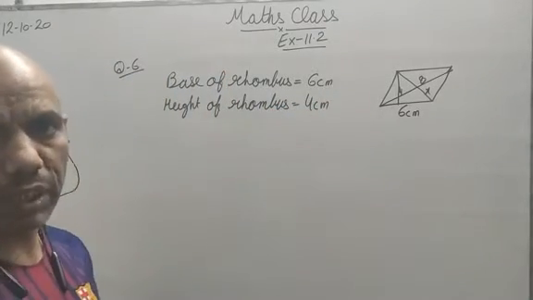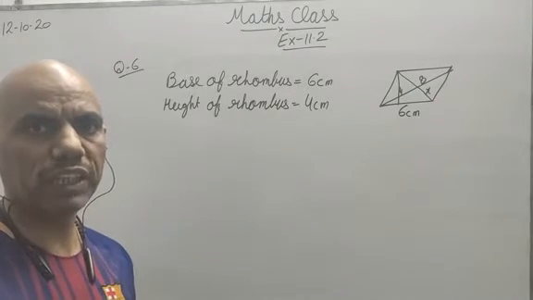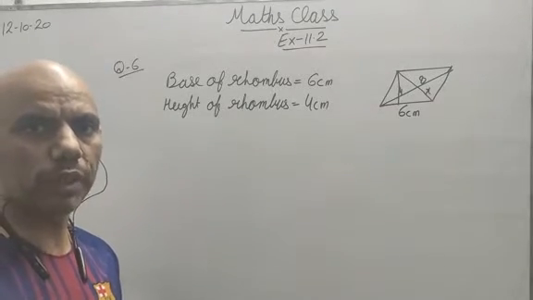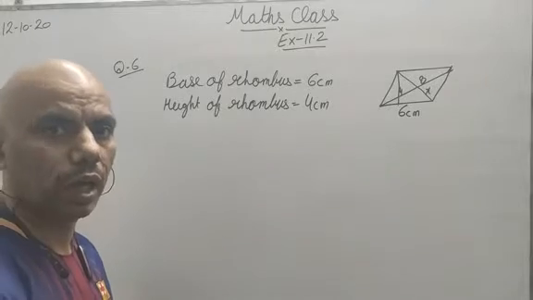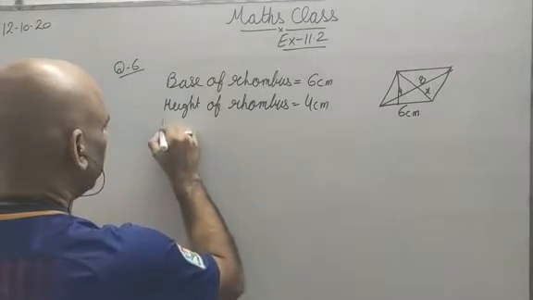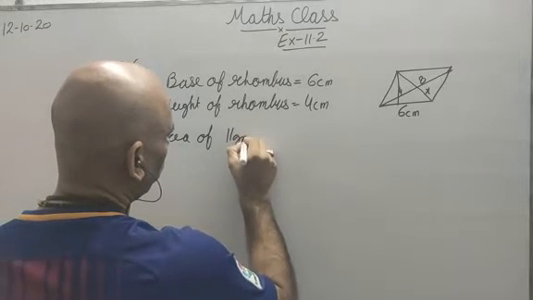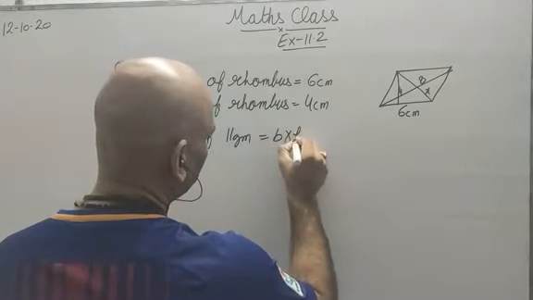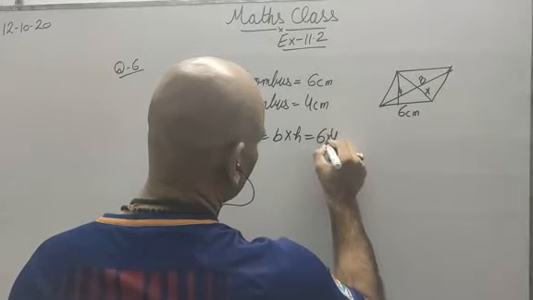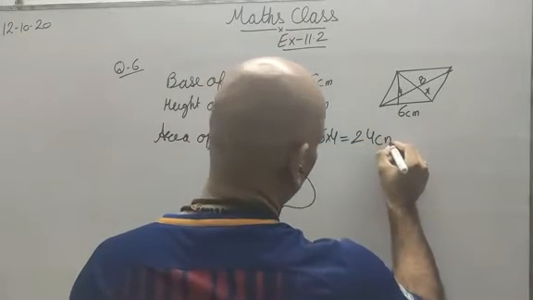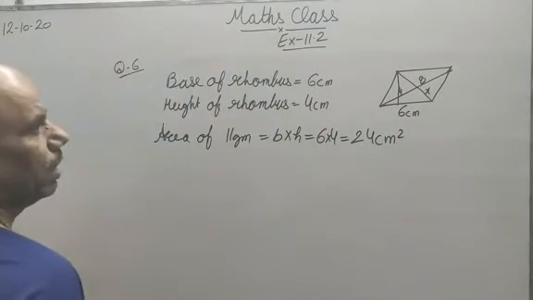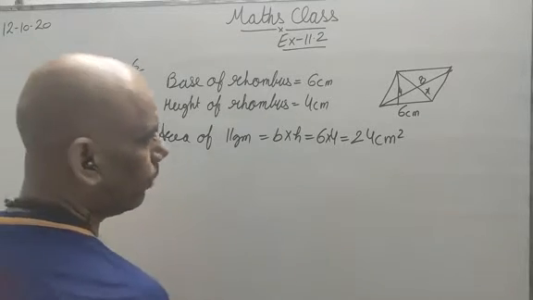Since a rhombus is also a parallelogram, we can calculate its area by the formula base into height. Area of parallelogram is base into height, that is 6 into 4. 24 centimeter square will be the area of this rhombus.